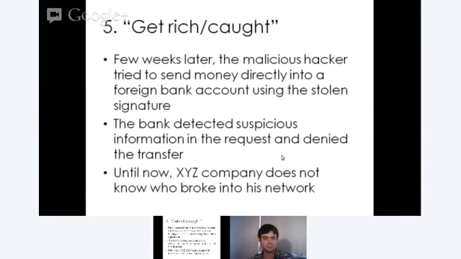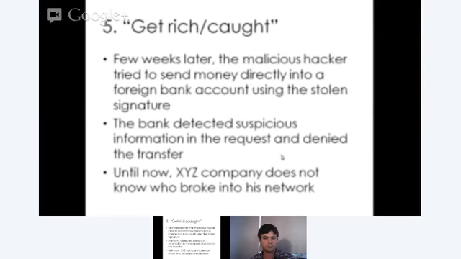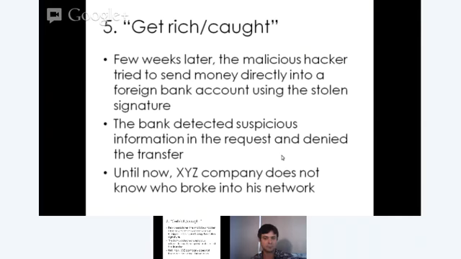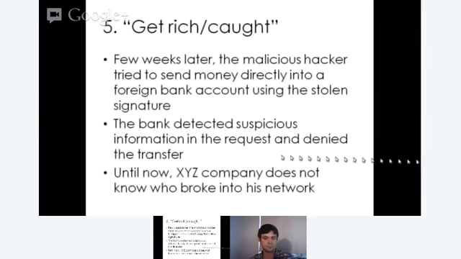So we believe that this was because after they stole the information, they did not find somebody to sell it to. So I guess probably the attacker, or one of the attackers, tried to get some money through the bank.